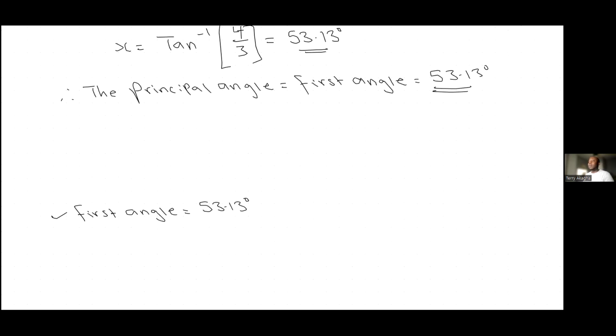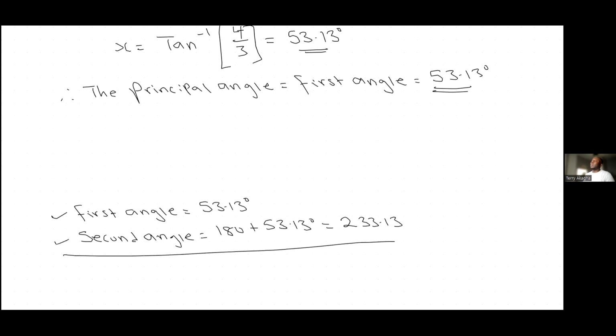Now, how do you get the second angle for tan? The second angle is equal to 180 plus the first angle. So 180 plus 53.13 degrees, and that should give you around 233.13, and that is that.